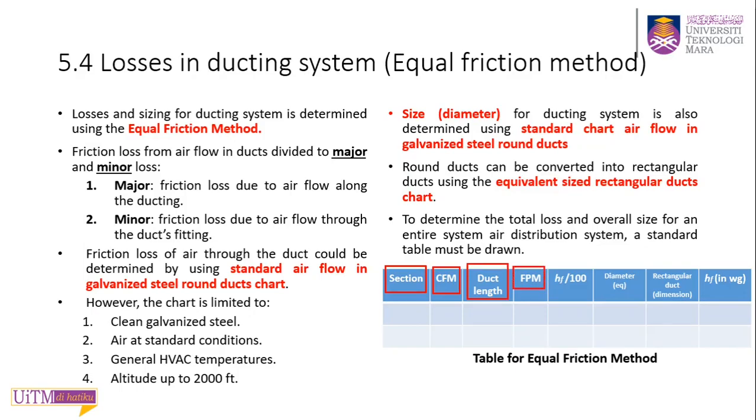FPM is the velocity of the air. HF per 100 is the frictional losses coefficient read using the chart. Diameter is the size of the round duct. Rectangular duct here refers to the size of the rectangular duct. And finally, HF is the frictional losses or pressure loss due to friction at the section.